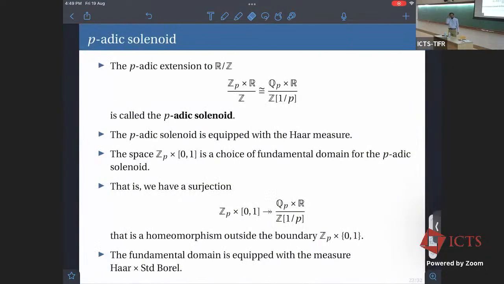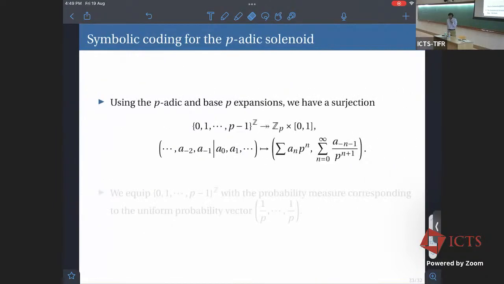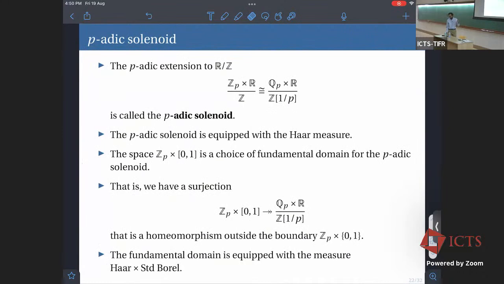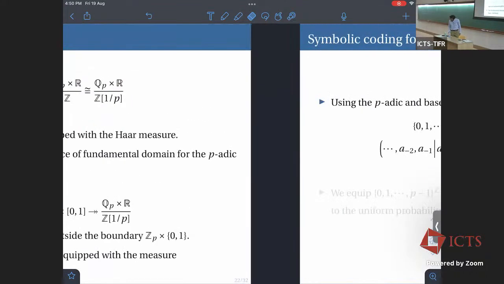Okay, and this fundamental domain, we can also equip it with a measure. So you put the usual Haar measure here, and you put the standard Borel measure here. So we have the p-adic solenoid, and we have this fundamental domain, Z_p cross [0,1).